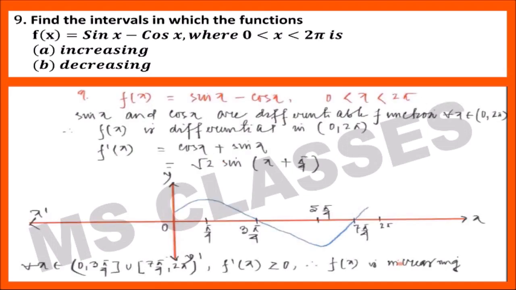Now, we have got the interval where it is increasing and decreasing. As we have drawn this graph, when x plus something is shifted that much to the left, that is the graph y equal to cos x plus sin x. Now, similarly, we can draw this graph and understand whether whatever we have got is correct or not.